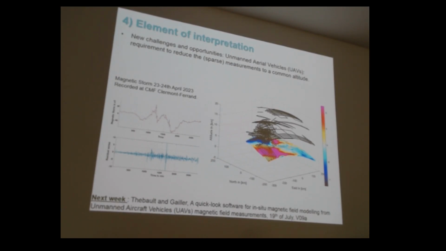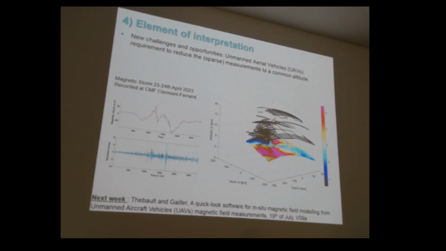If you go to a magnetic observatory, you get this time variation over almost 2 days. And if you correct the data for this, you're still left with some noise along the tracks.